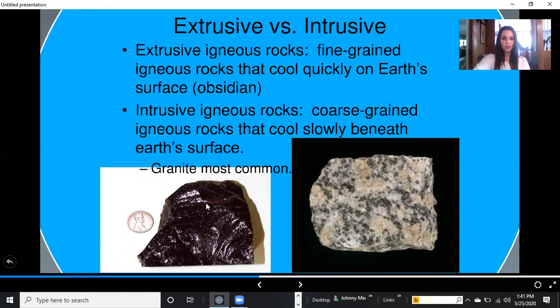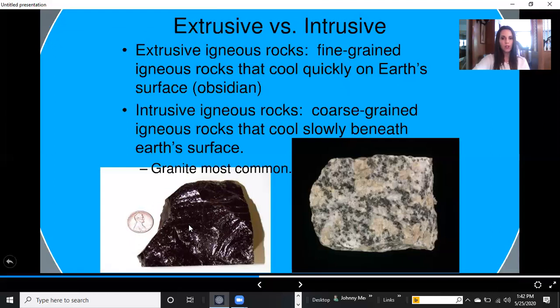You can see here, we're looking at obsidian. It's cooled quickly, and we don't really see the structure very well. We can't really distinguish that just with our eyes. We would have to take a microscope and really look at that more closely.